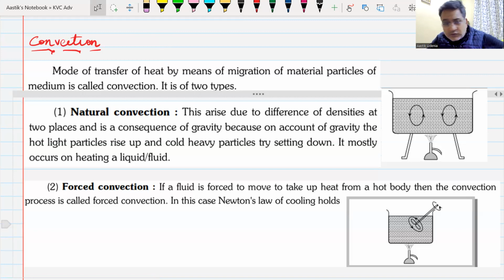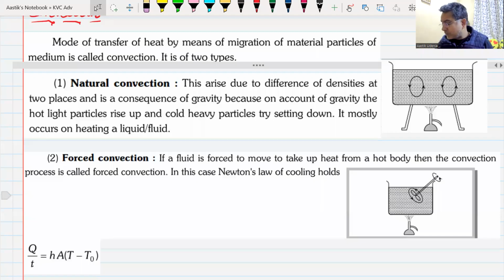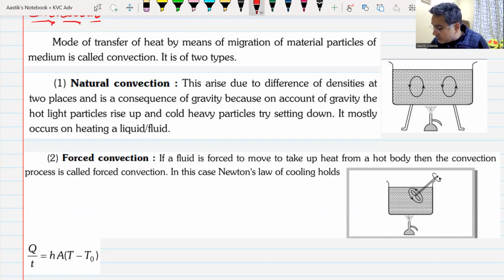I'll give you 2 minutes to note it down fast. What you can also note here is the formula for this convection. You will never require to use this formula. H into A into T minus T naught. H is the constant of proportionality. Normally they will give you the value. A is the area of the body which is getting heated up.